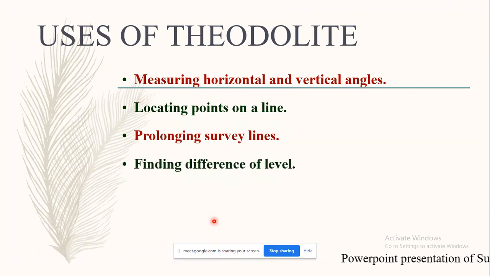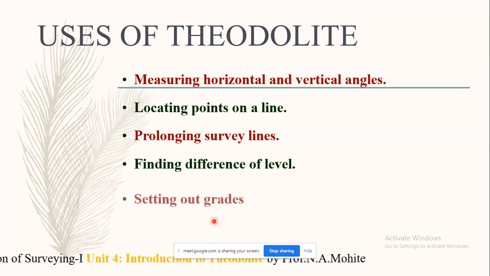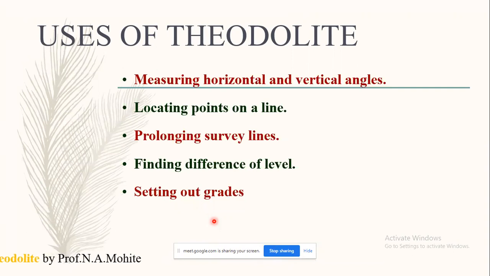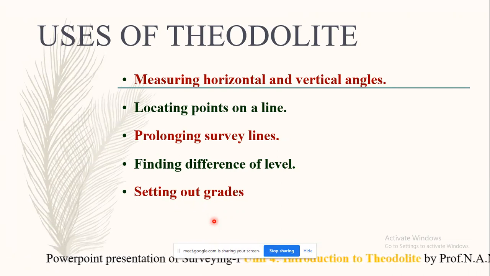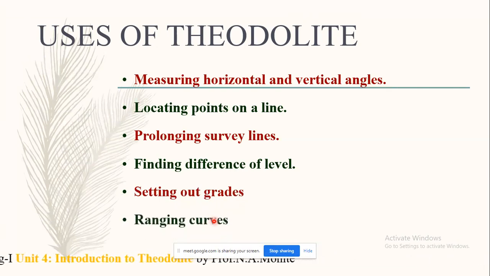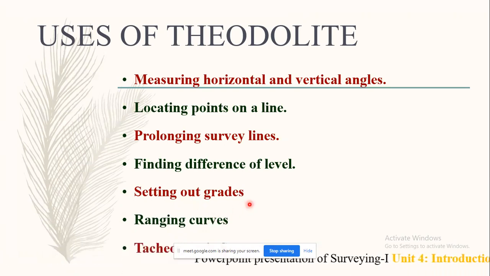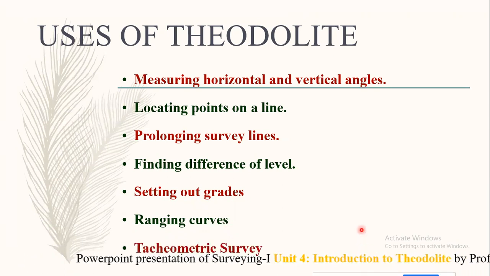Finding difference of level, that is RLs, you can make use of it. Whether a point is at an elevation or a depression, you can find it easily with the help of the theodolite. Then setting out grades, that is dealing with curves, and ranging of curves can also be done with the help of the theodolite. And tachymetric surveying.